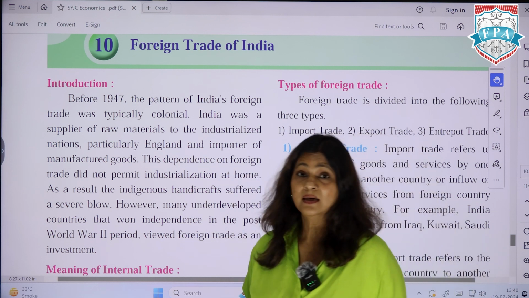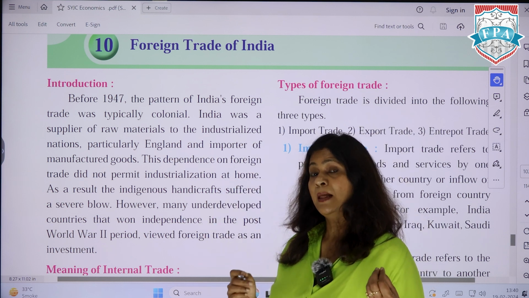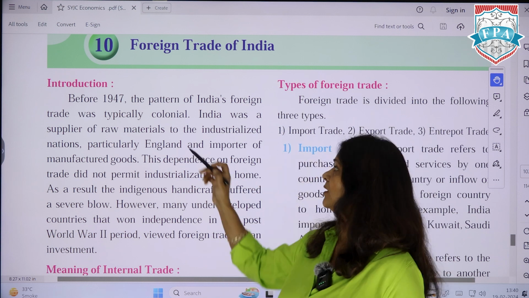So before independence, if I am asked what was the pattern of India's foreign trade, it was very colonial.